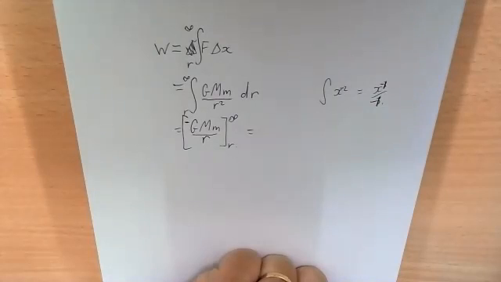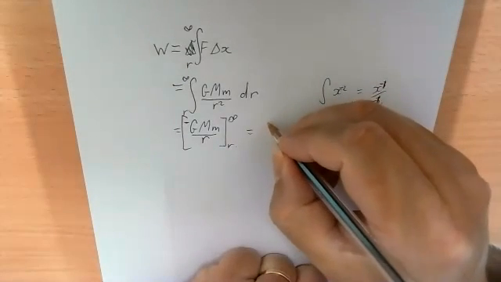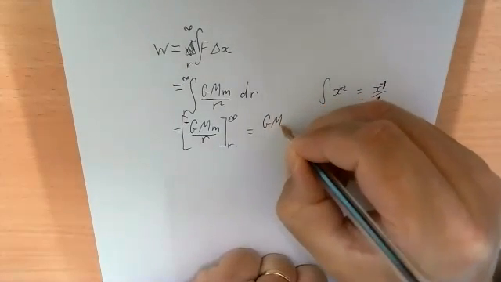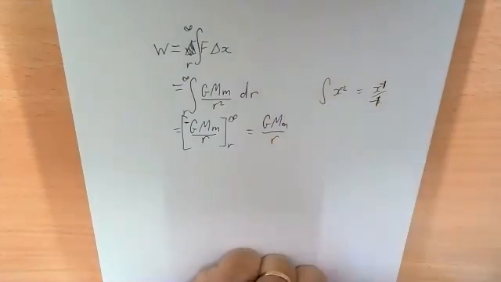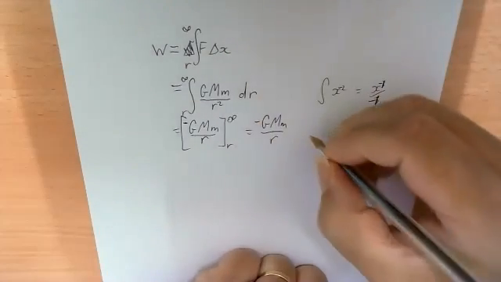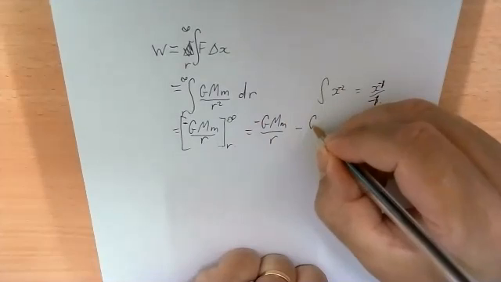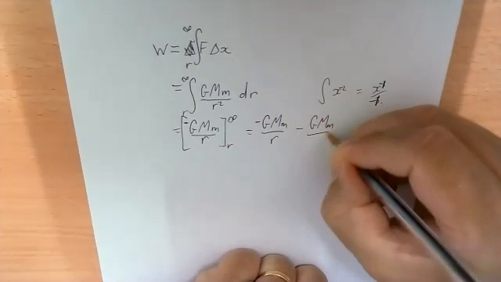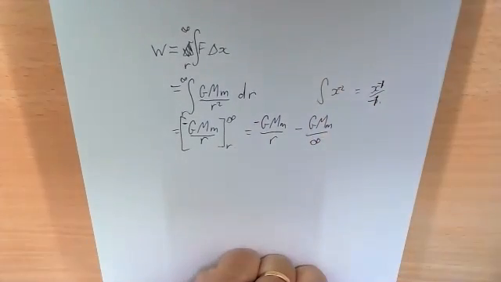It is a confusing idea about going from infinity to the point of distance r. So if we think very carefully, we've got the distance r, so we've got minus big G big M little m over r, minus big G big M little m over infinity.